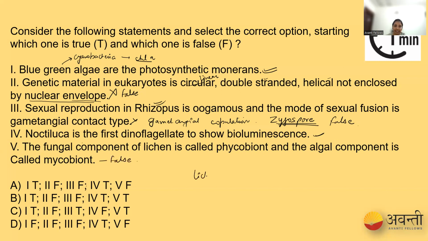We know that lichen is a symbiotic association between algae and fungi. Algae is known as phycobiont, whereas fungi is known as the mycobiont. So statement number fifth is false.